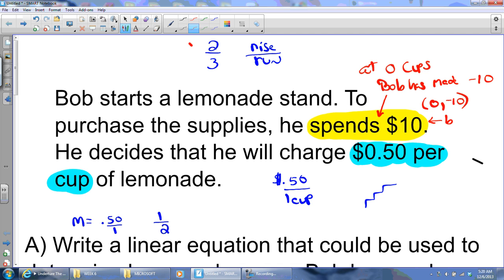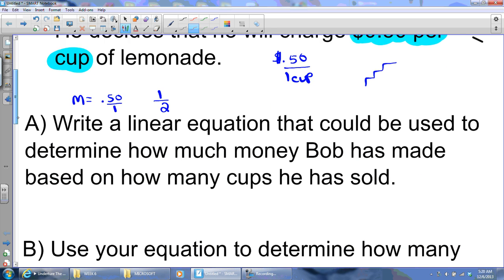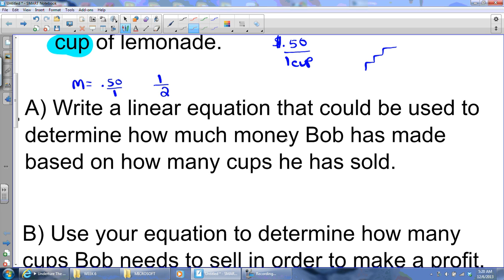Yeah, -10 is b. So part A asks us to write a linear equation that could be used to determine how much money Bob has made based on how many cups he has sold. Well, I'll define my variables first. Let y equal the money made, and x is going to be the number of cups sold.